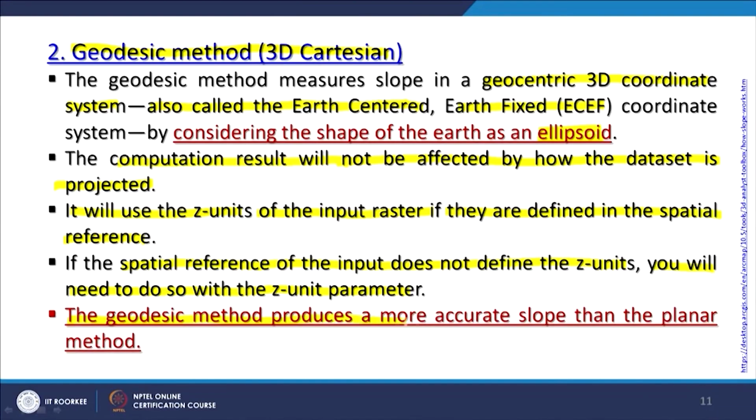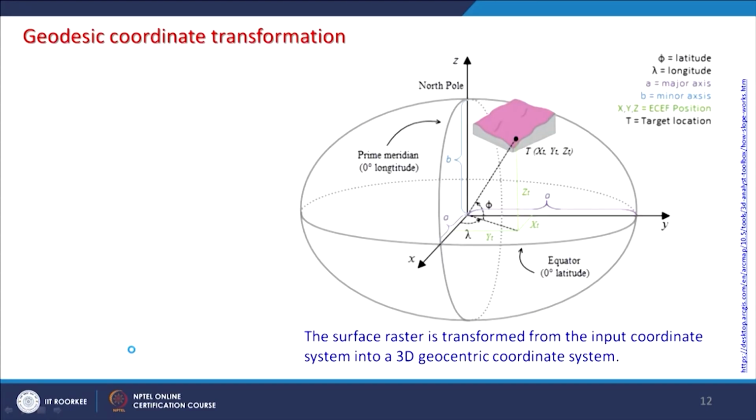Otherwise visually there is not much difference. However, if elevation variations are very high within a file, you may get completely different results. It will also matter how big an area is being represented, though the calculation is done using only a 3 by 3 matrix. So, the geodesic method produces a more accurate slope compared to the planar method.